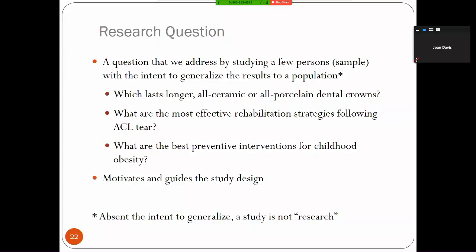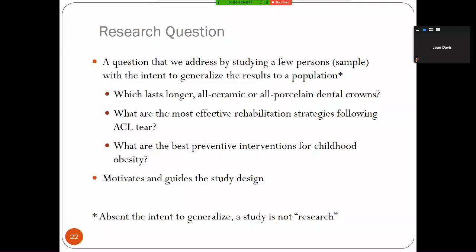Otherwise, who cares? Except for record-keeping purposes. What we intend to do with a research question, and it only becomes research when you have an intent to generalize beyond the study sample, beyond the context of the study. Then it becomes research.